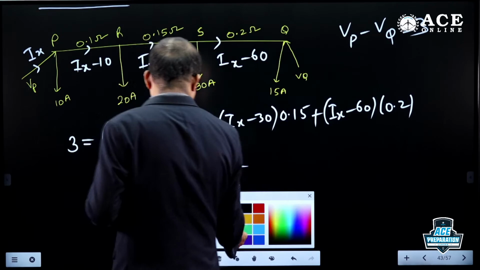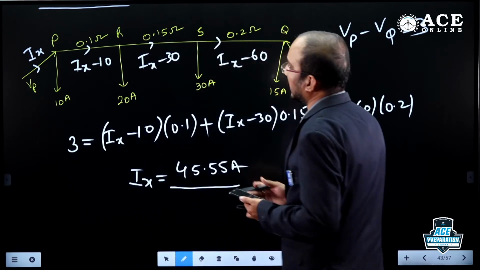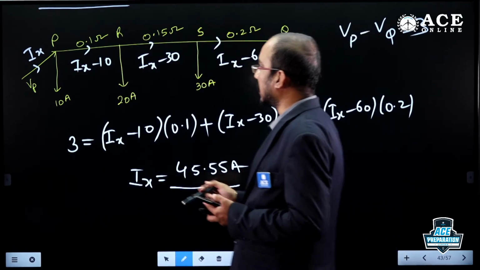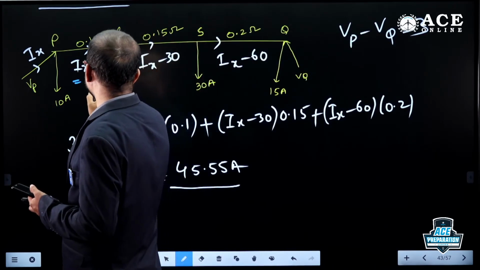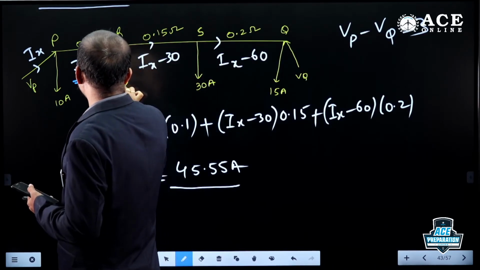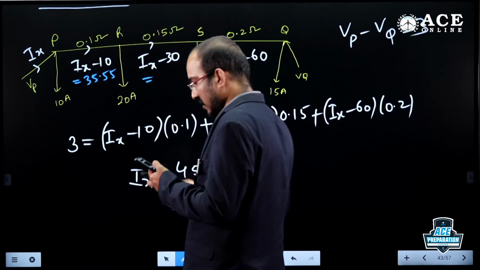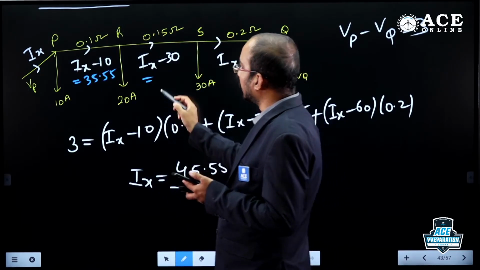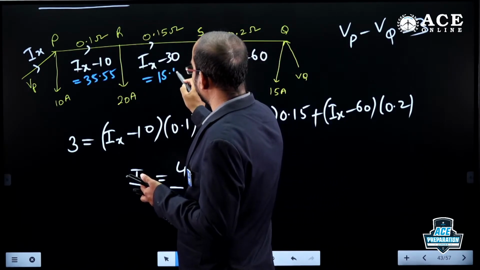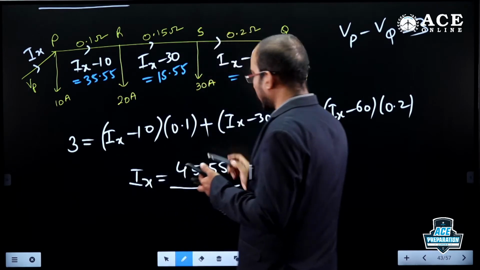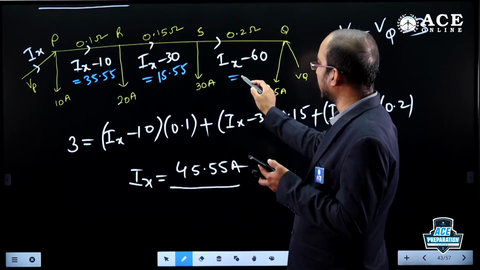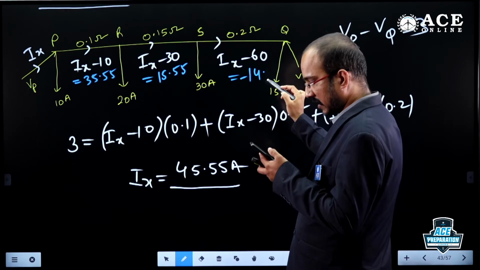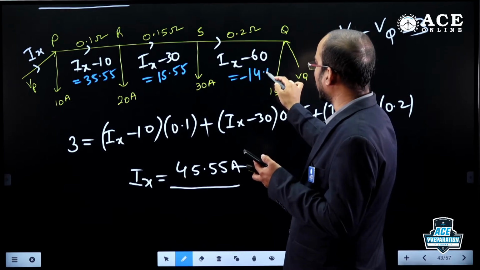Now let us substitute the value of Ix in this network and observe. Here you will get 35.55 amperes, here 15.55 amperes, but here you will get a negative current, minus 14 point some.